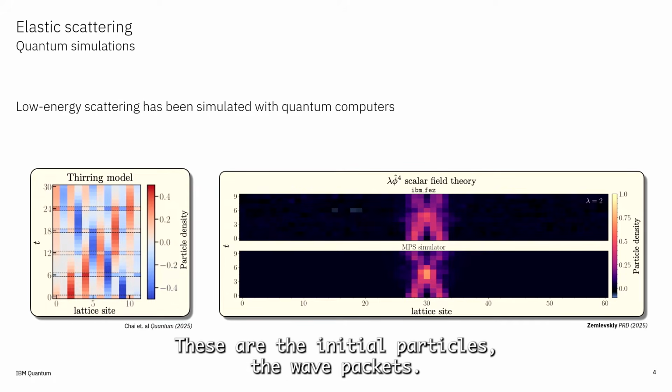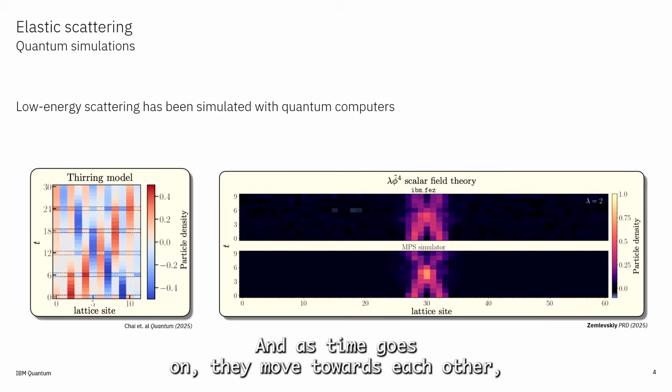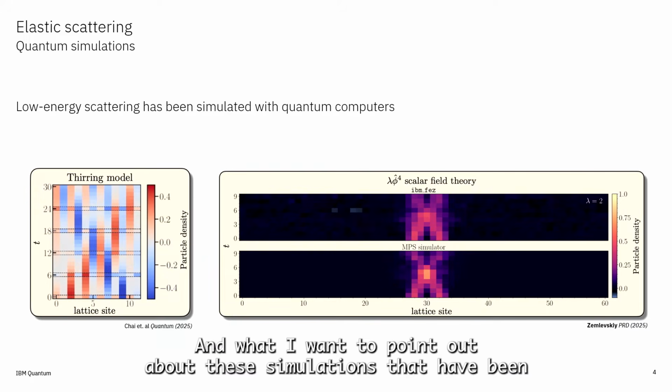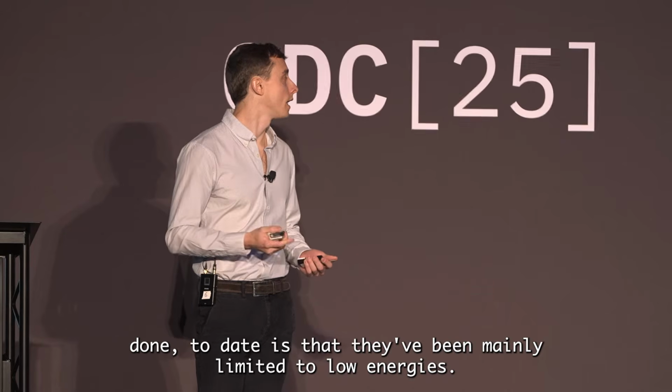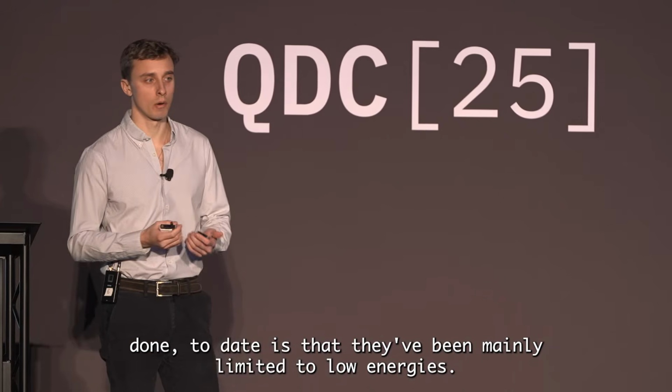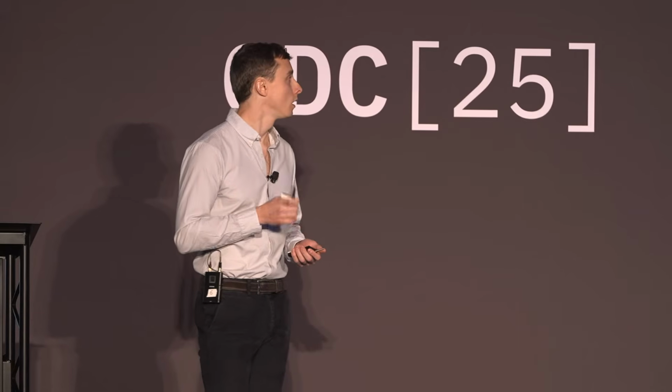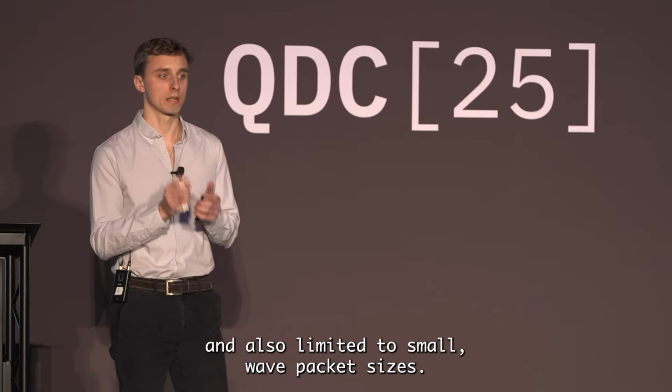These are the initial particles, the wave packets. As time goes on, they move towards each other. They overlap, collide, and then they separate out. What I want to point out about these simulations is that they've been mainly limited to low energies, where classical methods are good, and also limited to small wave packet sizes.